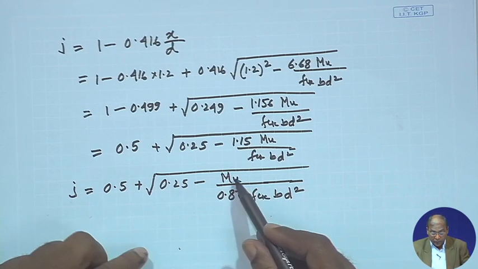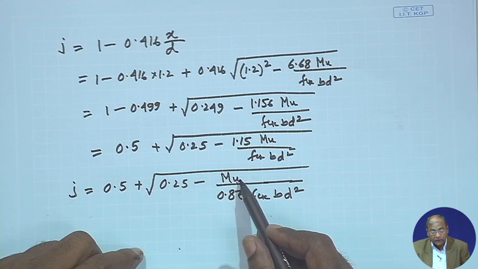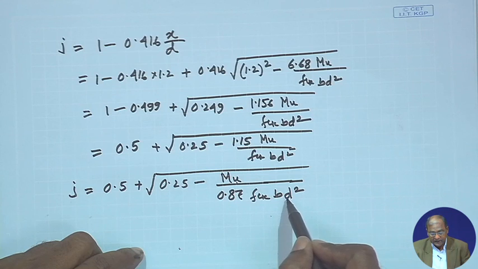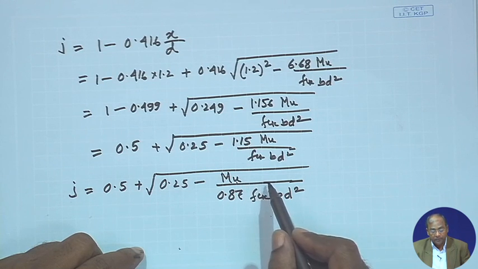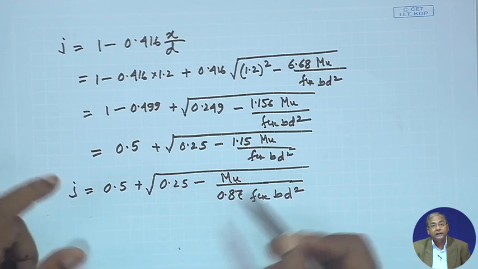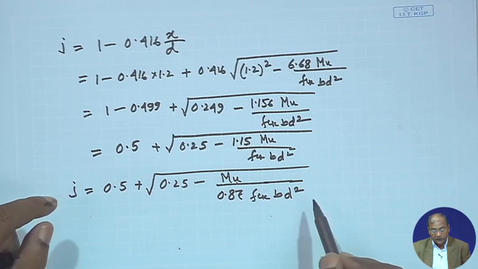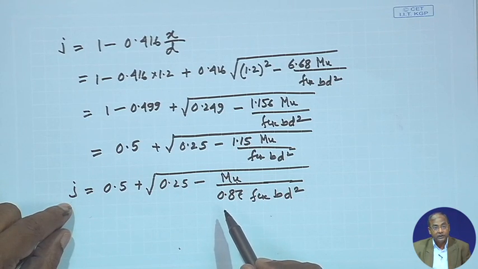So Mu is the moment actually applied due to load, and with FCK, b and d, on the basis of that I can find out and decide the value of J. Once we decide J, we can find out many more things.